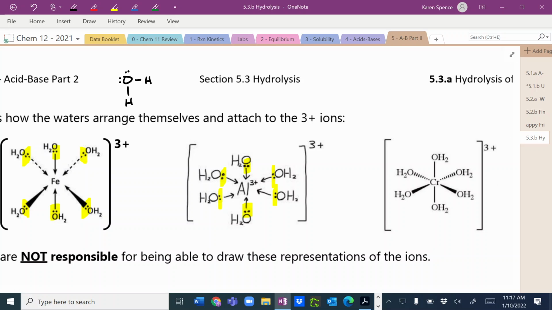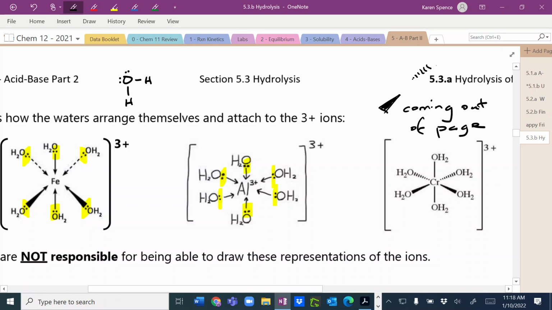And just in case you're wondering, because if you do go on and take chemistry, if you see this kind of a diagram, this means that the substance is coming out of the page. And if you have one like this, that's going into the page. So if you look at that chromium structure, it's not a 2-dimensional structure.